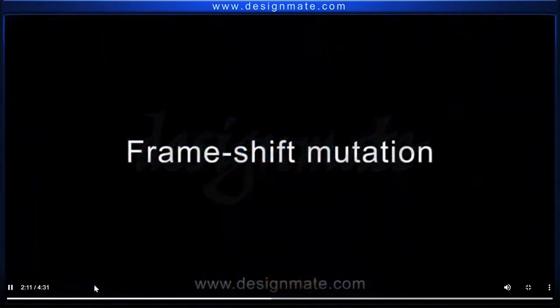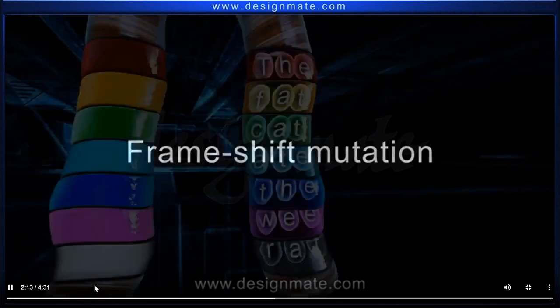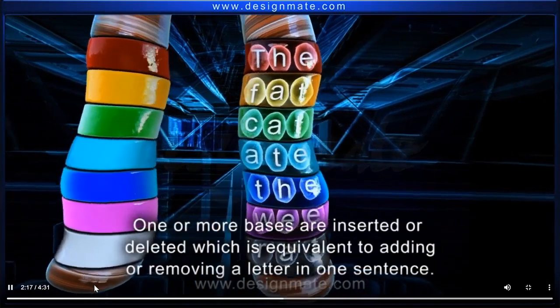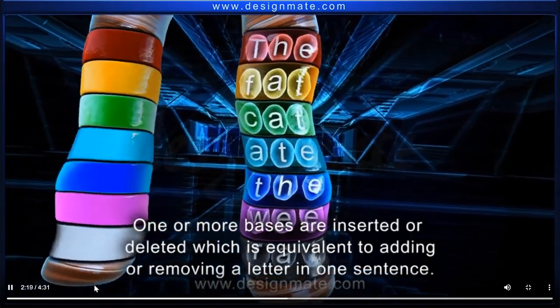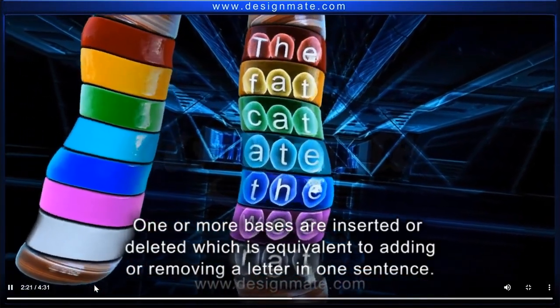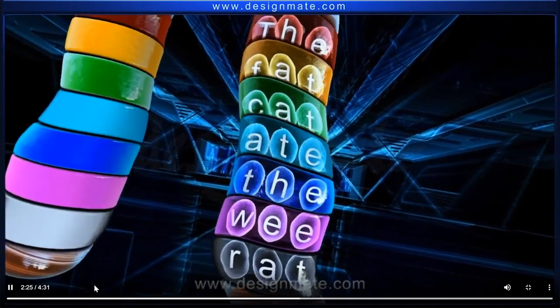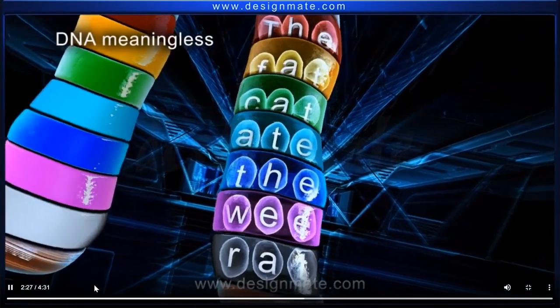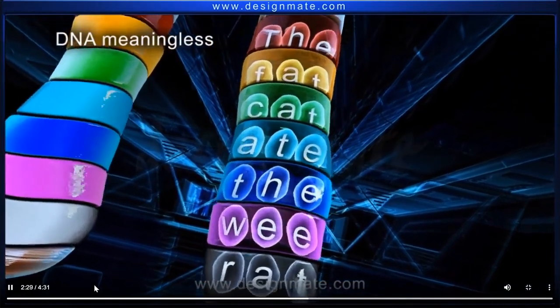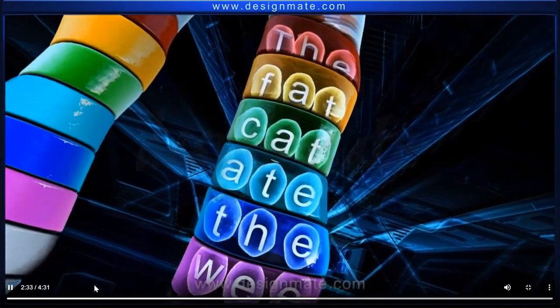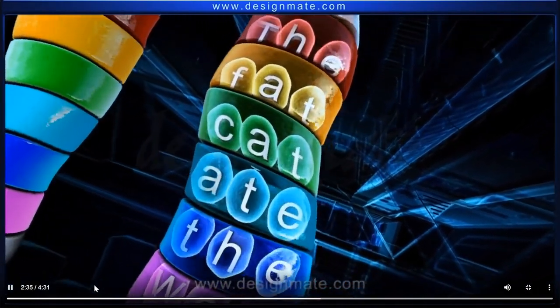Frame shift mutation. In a frame shift mutation, one or more bases are inserted or deleted, which is equivalent to adding or removing a letter in a sentence. This type of mutation can make the DNA meaningless. An example using the sample sentence is when the T from cat is removed.